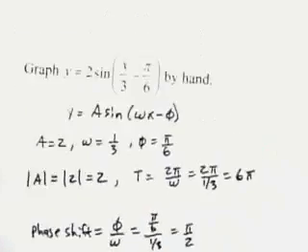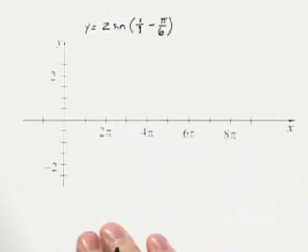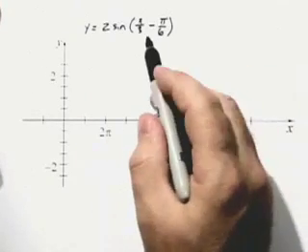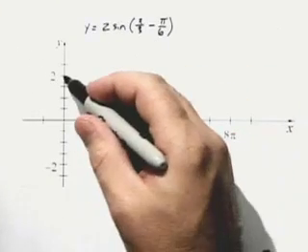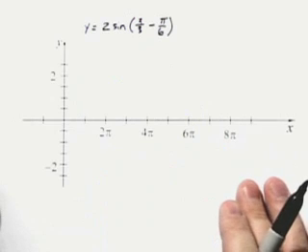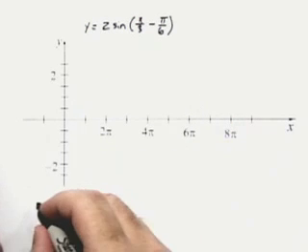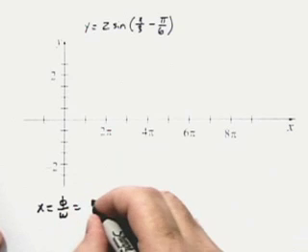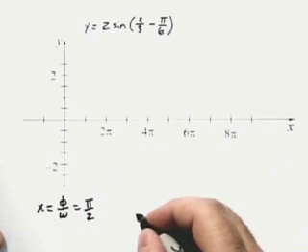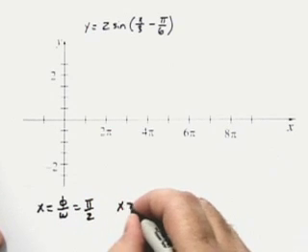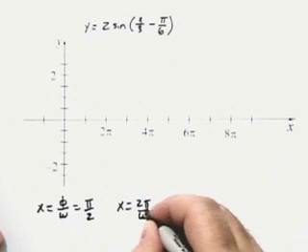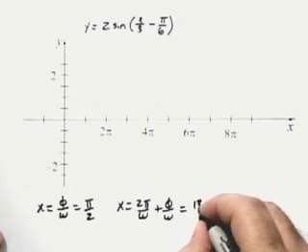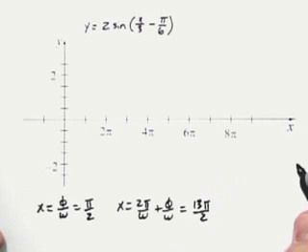Go ahead and look at a graph. We know that the graph of our function will lie between -2 and 2 because we had an amplitude of 2. One period will begin at x equal to phi over omega, which is pi over 2, and it will end at x equal to 2 pi over omega plus phi over omega, which is 13 pi over 2.